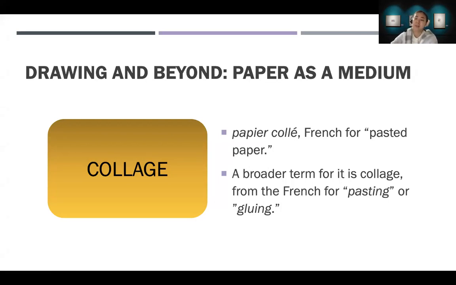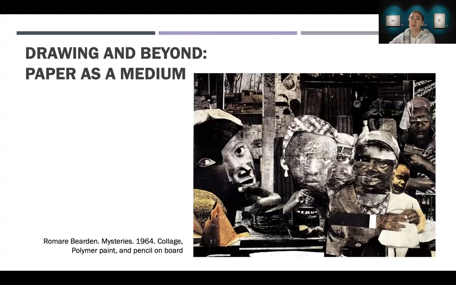So after Pablo Picasso and Georges Braque, many artists adopted this method of compositing a picture by gathering bits and pieces from various sources. So let's see the examples of the collage work. So this is Romare Bearden's Mysterious, which is a collage work as of art genre in 1964.